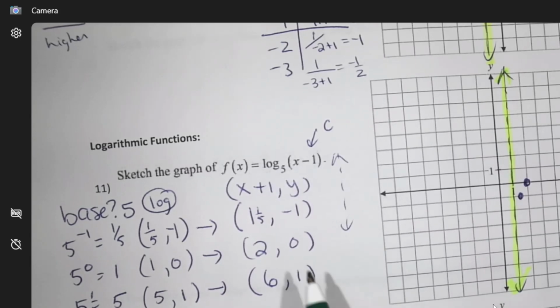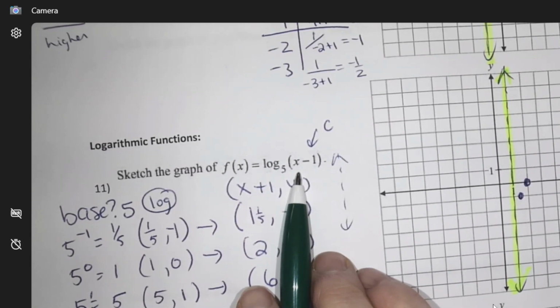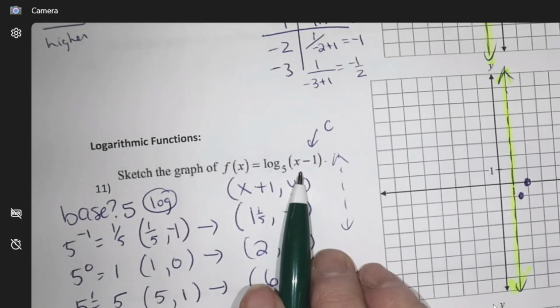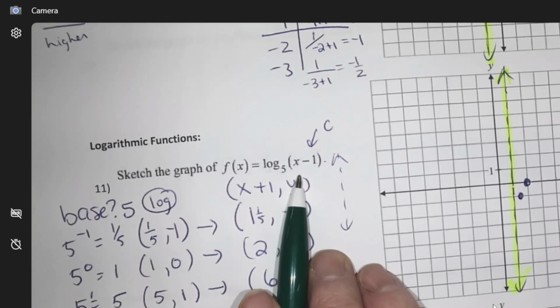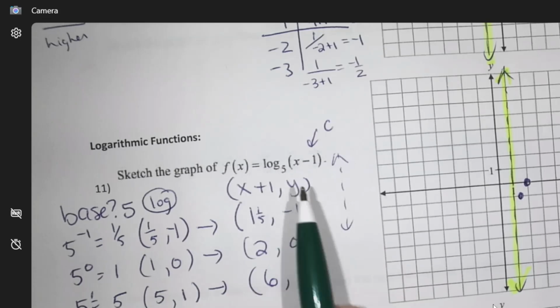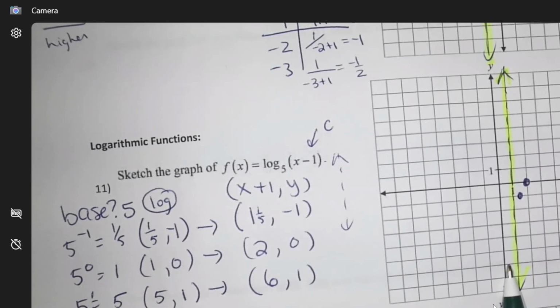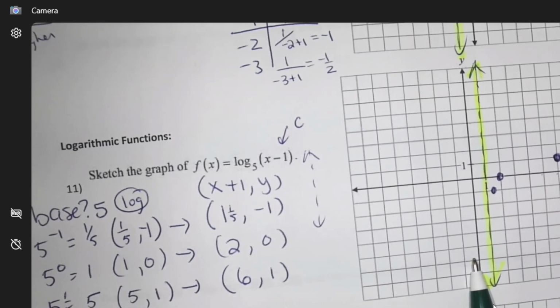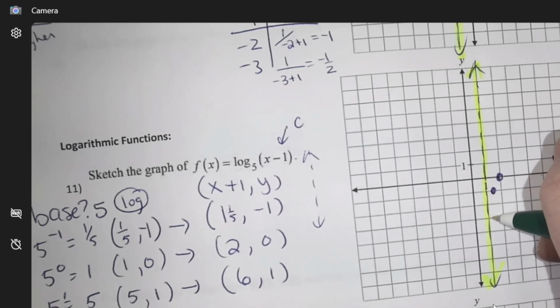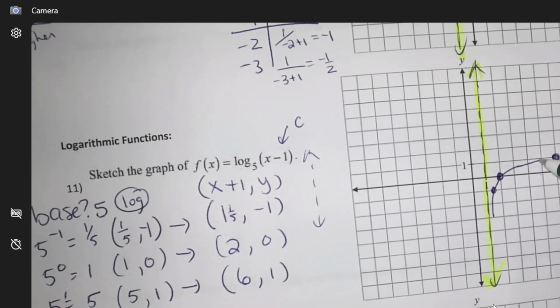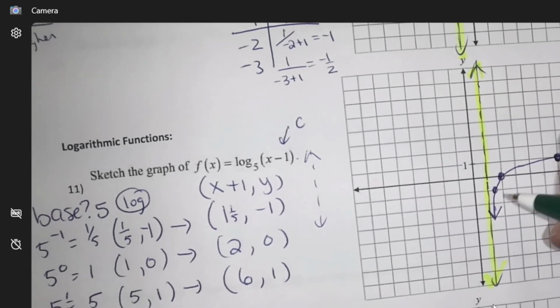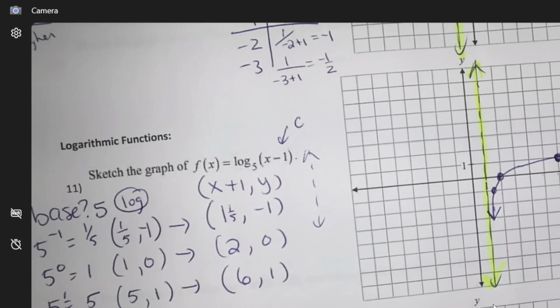Always has to be positive. Remember that? Results always have to be positive. To stay positive, what do you have to be? Above 1. So, can I touch this asymptote at 1? No. I have to be on this side of it. Logs always have vertical asymptotes.